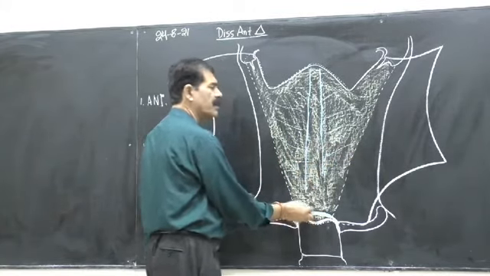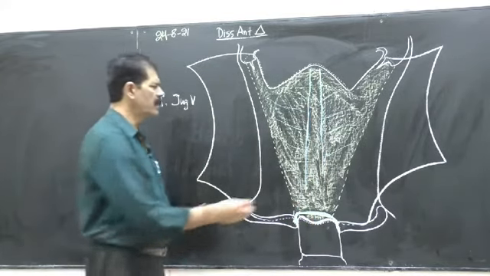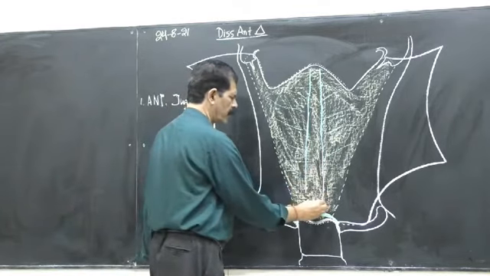When it reaches 1 inch above the sternal notch, the right and the left anterior jugular veins fuse together, they unite together.